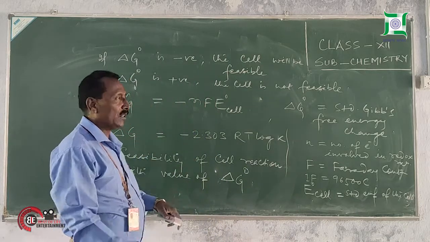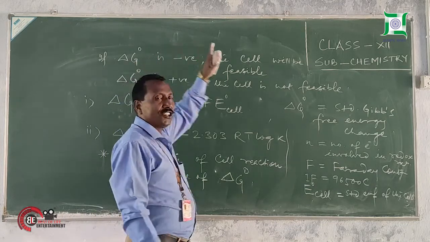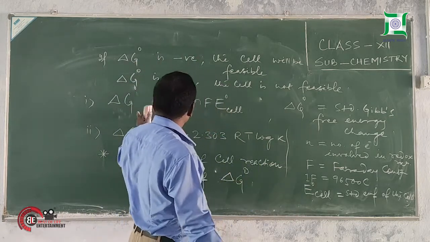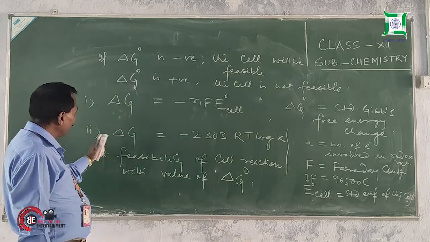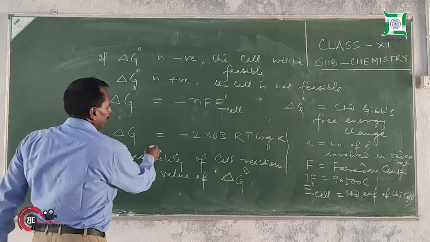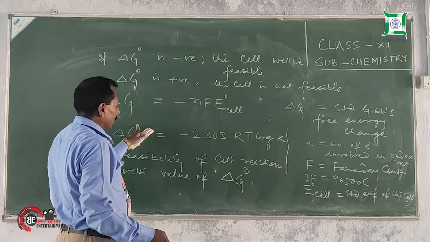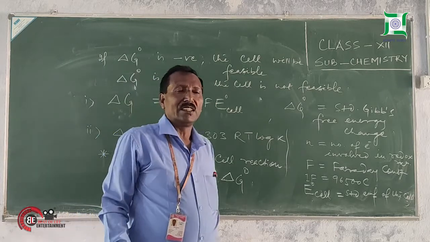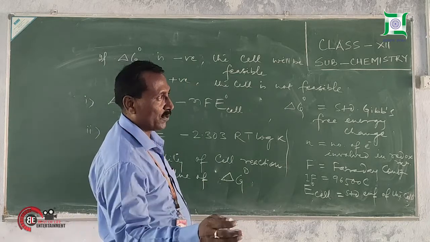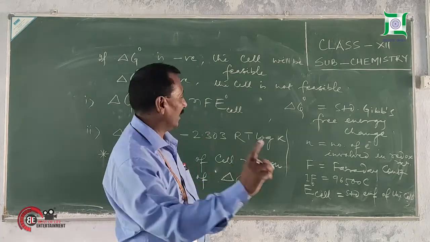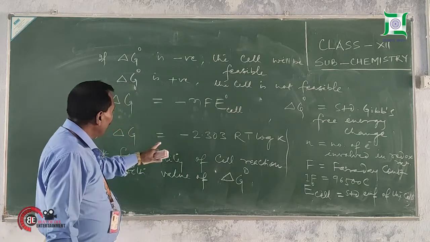This can also be tested with the help of the delta G naught value that we can calculate by this formula. Now, in the second point, delta G naught: if we give delta G naught, then temperature will be 25 degrees Celsius and pressure will be 1 atm, that we have already discussed earlier.